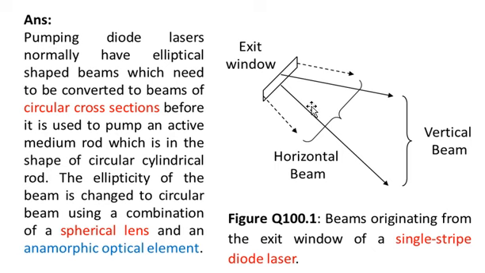One is the parallel beam, shown in dotted line, forming a horizontal beam, and the other is the solid beam, represented by the solid arrows, forming vertical beams coming out from the narrow direction of the exit window.